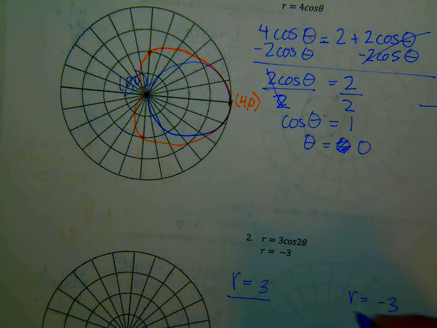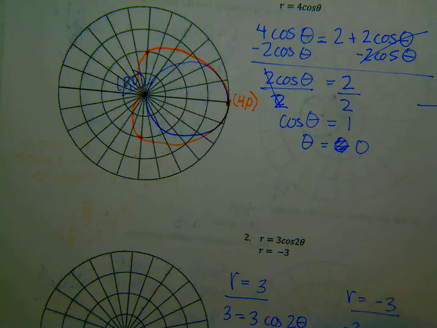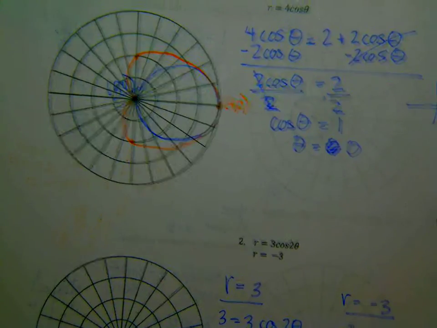So go ahead and start graphing. 3 equals 3 cosine 2 theta, and negative 3 equals 3 cosine 2 theta. Come up with your common points and your solutions. All right, I will see you in class.